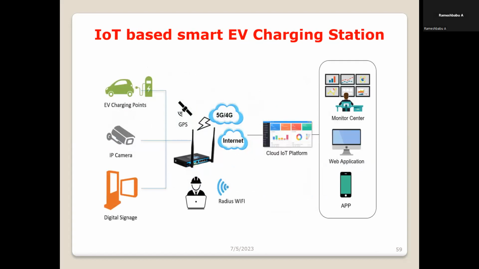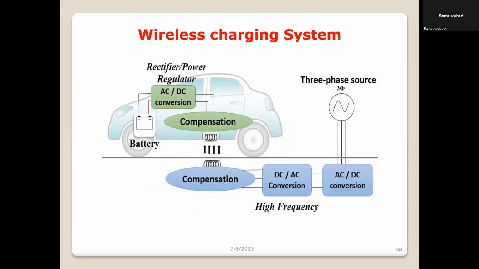And now the IoT based smart EV charging station. In that charging, there are two principles: one is static, another one is dynamic wireless charging. The same principle applies to both. What does static mean?